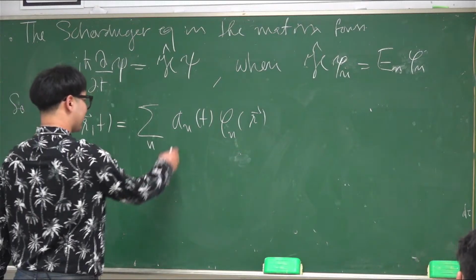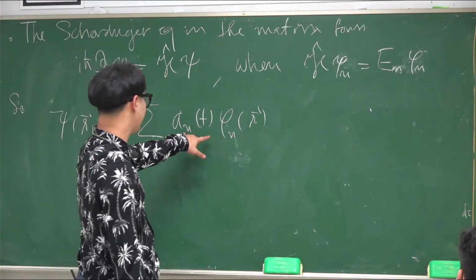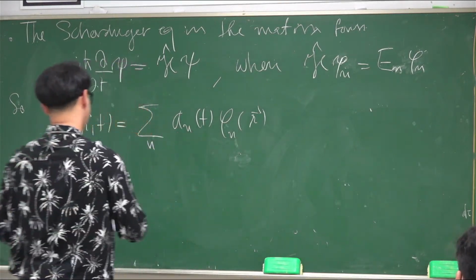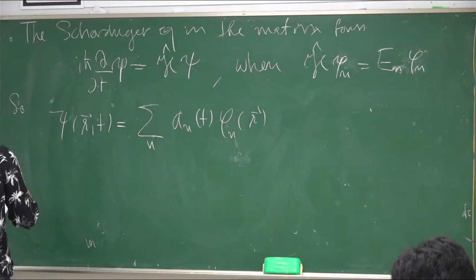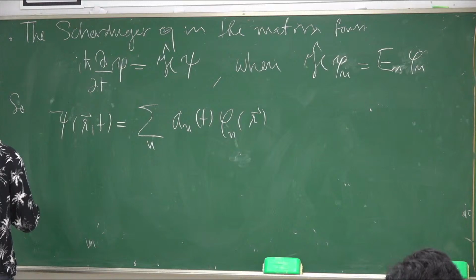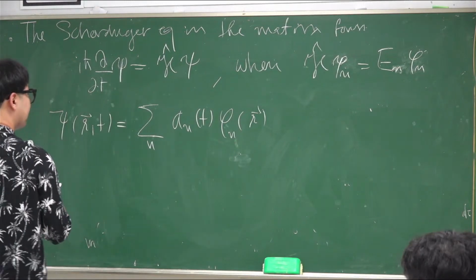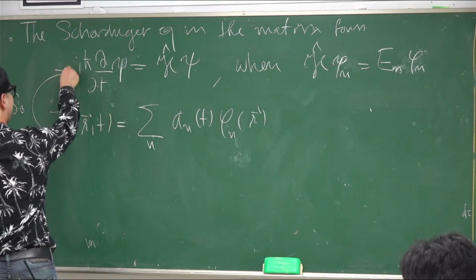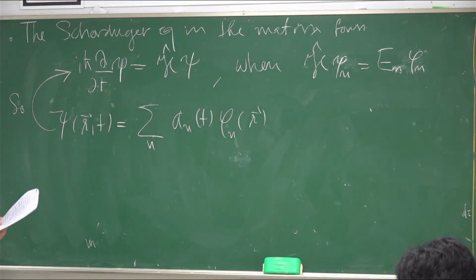But the thing is that, as I mentioned, we can put the time dependence in the coefficients here. And so what we are going to do is we put this back into this equation.